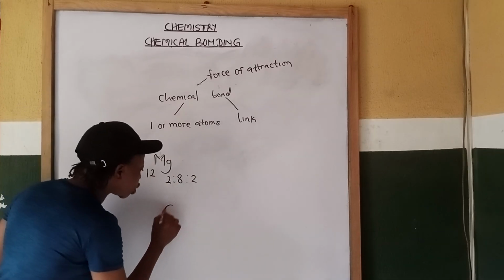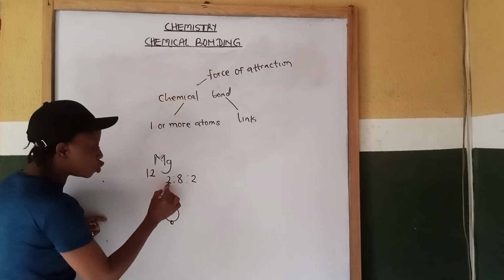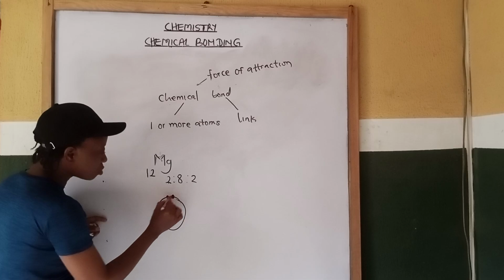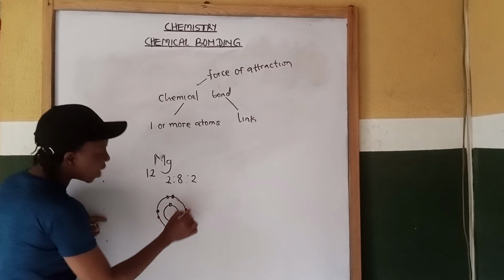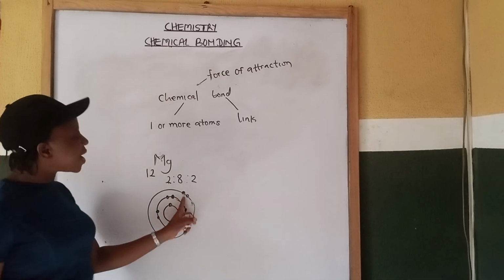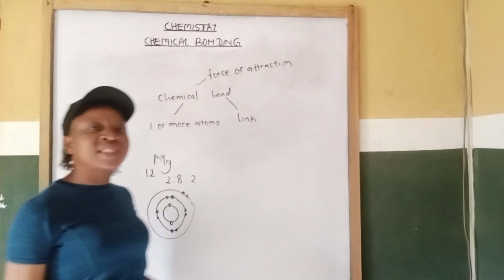In diagram form, the first shell carries 2, the second shell carries 8, and the last shell carries 2 electrons. So it has 2 valence electrons.